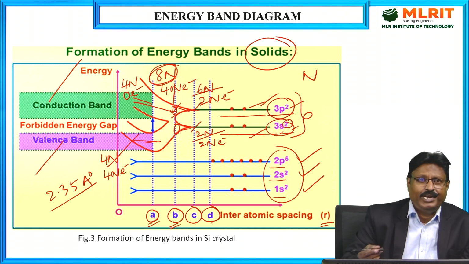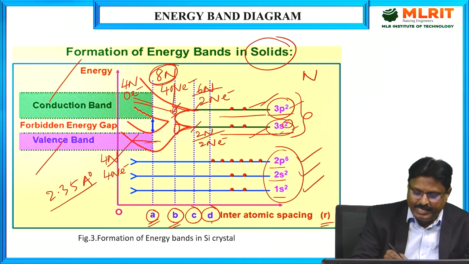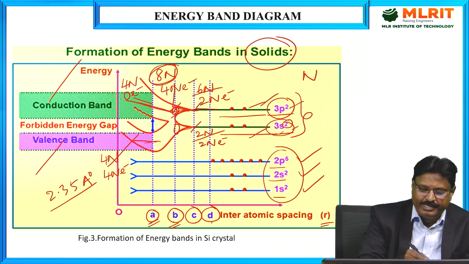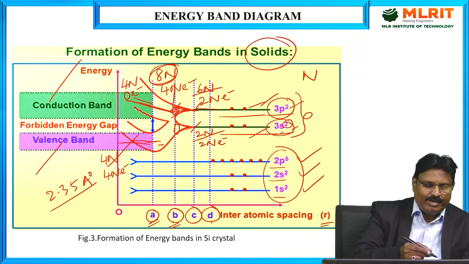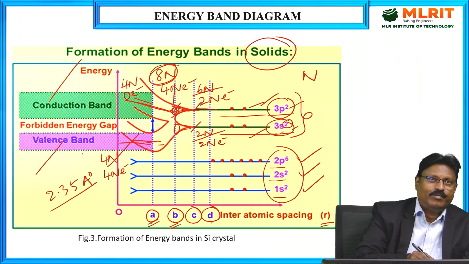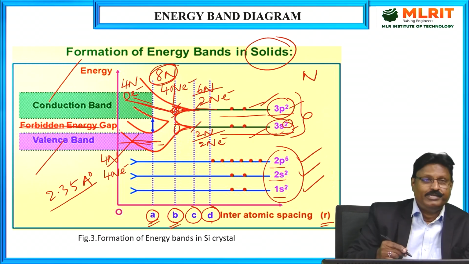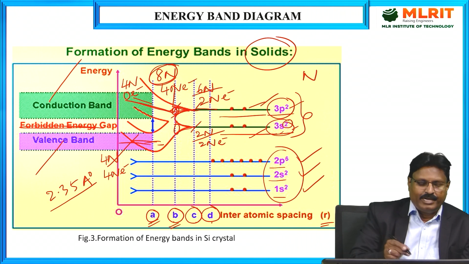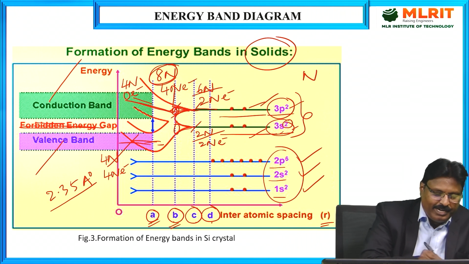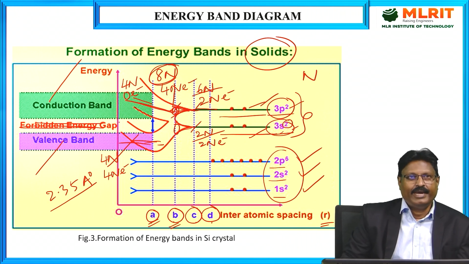I have taken the silicon solid. At the beginning they are at discrete levels, then they are split, then combined, and then separated equally. The upper band is called the conduction band and the lower band the valence band, separated by the forbidden energy gap. Forbidden energy gap means, keep in mind, it does not contain any energy level in this particular gap.